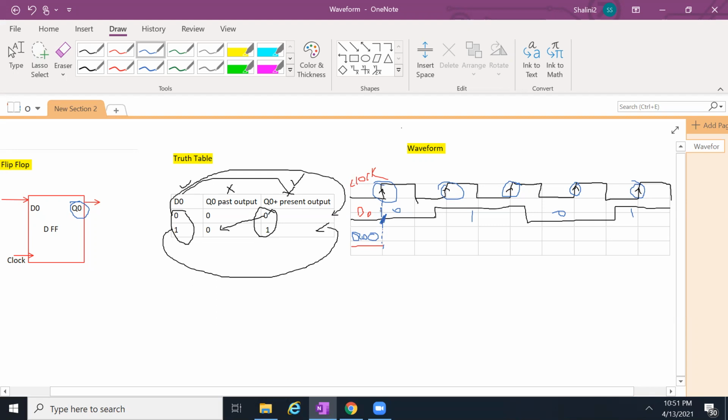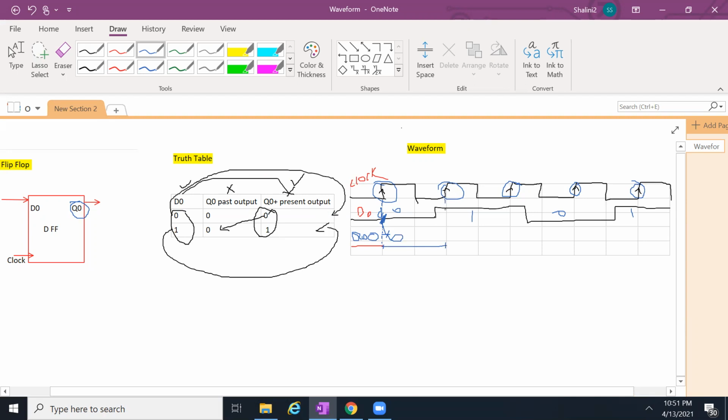We can see it is 0. If it is 0, then whatever value is present at the D input will come to the output side, so 0 will come. This 0 will continue till the next clock cycle, up to this point.